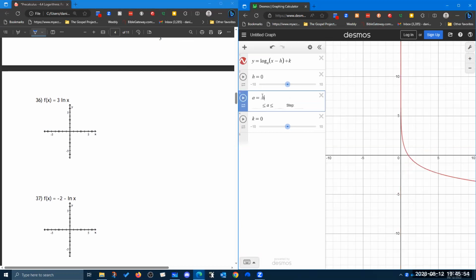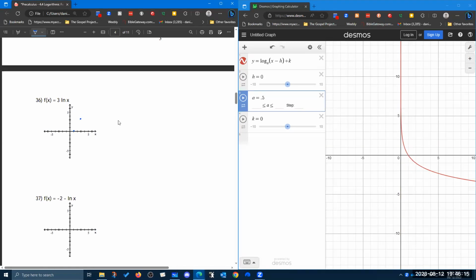Now if I have 3 ln of x, this will be ln of x, and the y value is going to be multiplied by 3. I'm still going to have (1, 0), but at e, which is 2.7 something or other, instead of 1, I'm going to have 3.